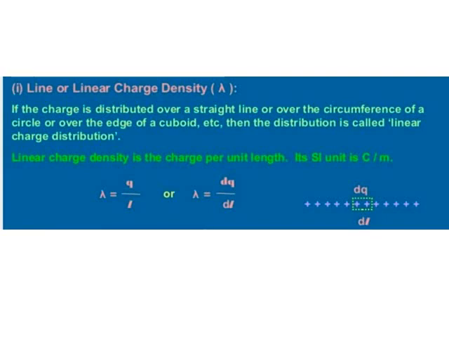Means lambda equals charge upon length, or you can say dq by dl. Hence from this formula you can calculate the value of dq equals lambda into dl and put it in the above formula of force in place of dq.